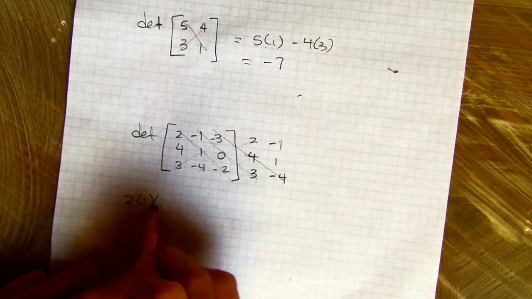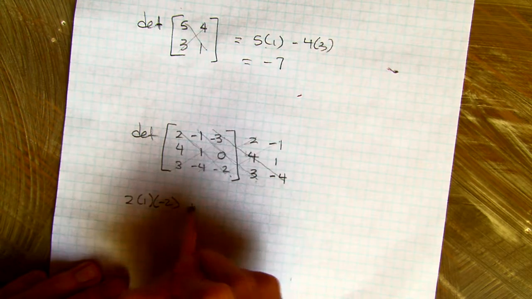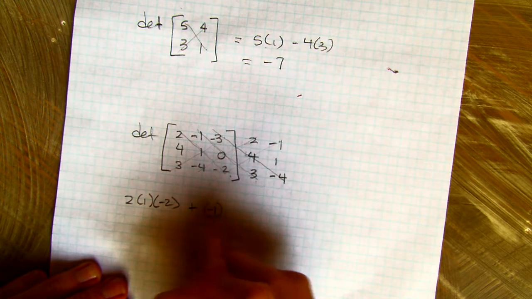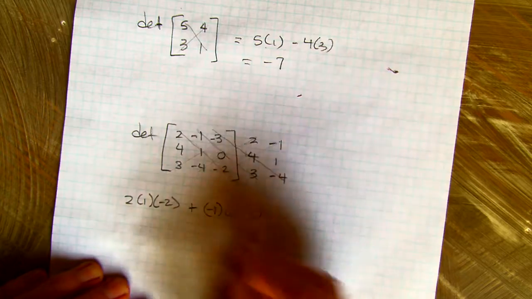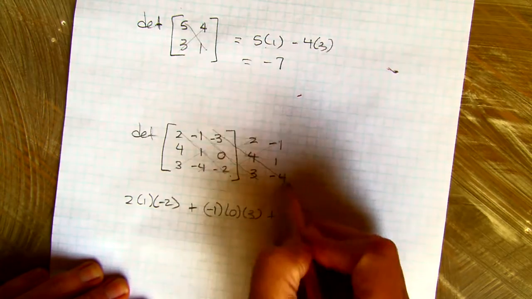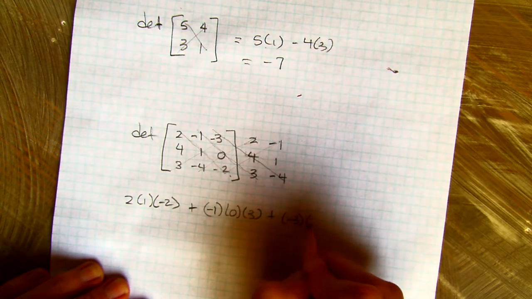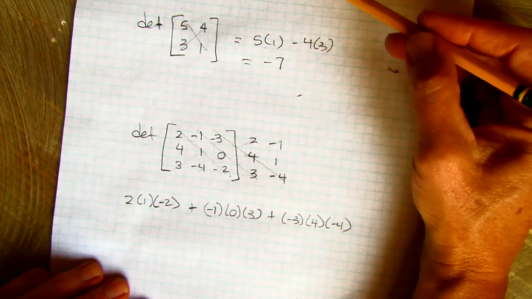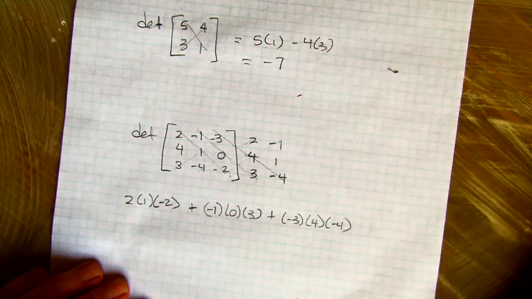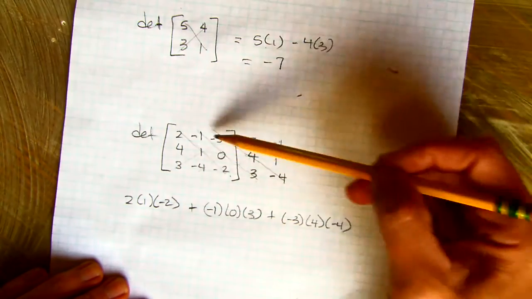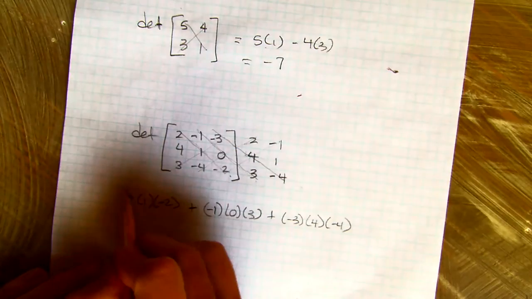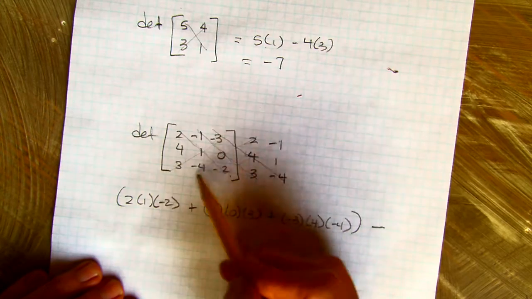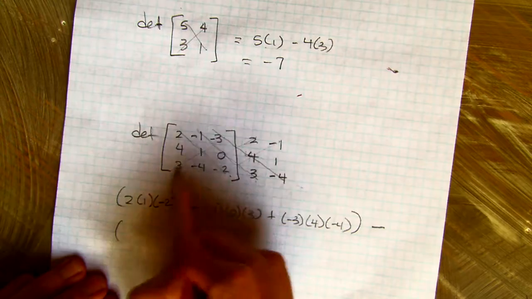2 times 1 times negative 2, plus negative 1 times 0 times 3, plus the third diagonal, negative 3 times 4 times negative 4. So that's kind of just like my A times D, except I have 1, 2, 3 of them. So I'm going to take all of that, and then I'm going to subtract all these diagonals.